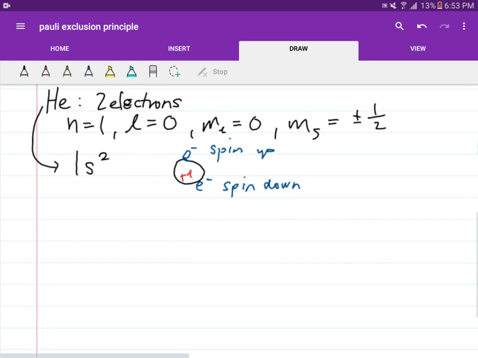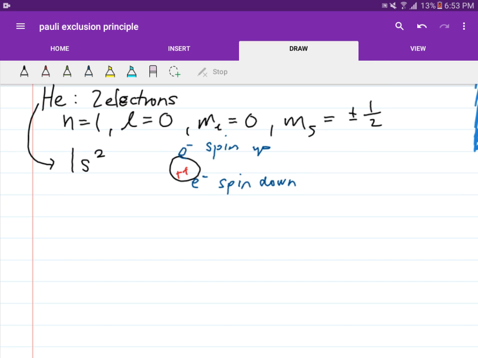Okay, so let's move one step up the periodic table. Next is lithium. Lithium has 3 electrons.